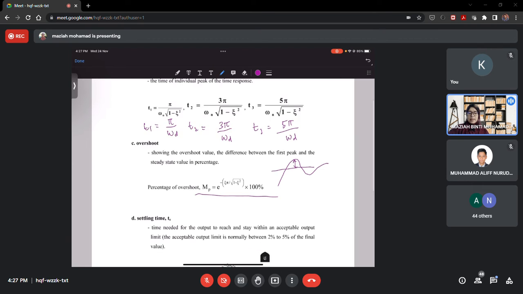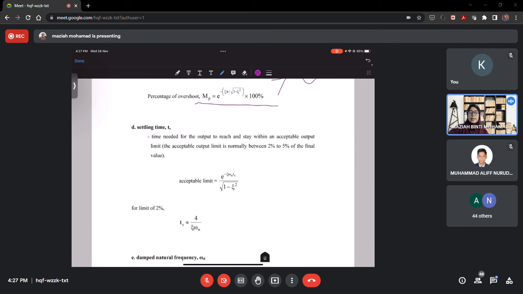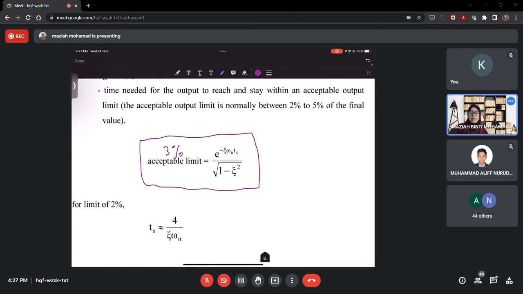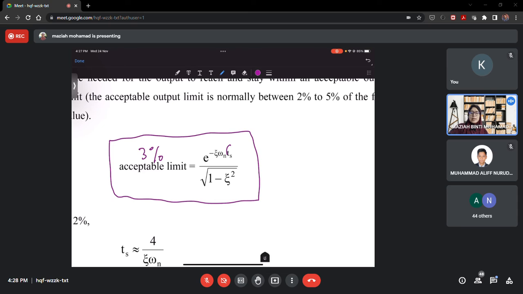Right, and then the last parameter is the settling time. So this is the general equation. If your system allows up to 3%, you put in that 3%, and then you can calculate TS, where TS is the settling time, provided you have the values for zeta and omega n.